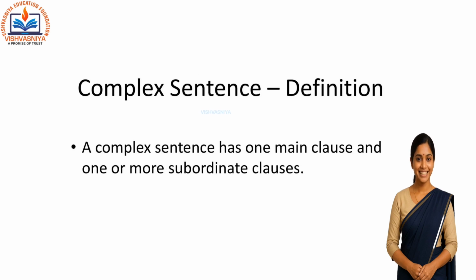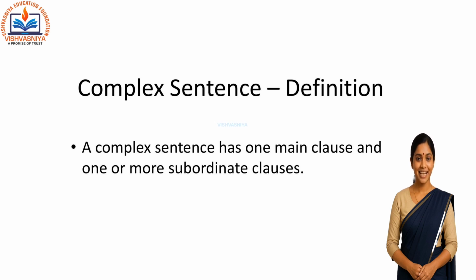A complex sentence has one main clause and one or more subordinate clauses. Characteristics: subordinate clauses can be noun, adjective, or adverb clauses. They begin with subordinating conjunctions such as because, although, if, when, etc., or relative pronouns who, which, that.